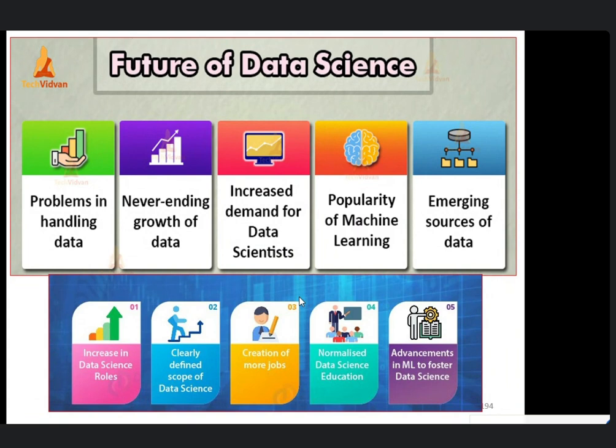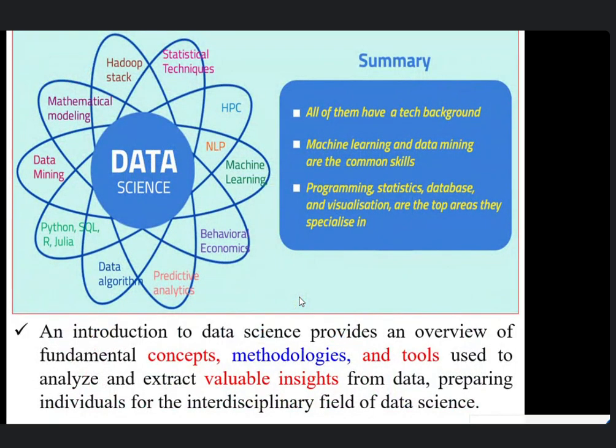We are seeing an increase in data science roles in these domains, a clearly defined scope of data science, creation of more jobs, normalized data science education, advancements in machine learning to foster data science, etc. So this is the complete picture.